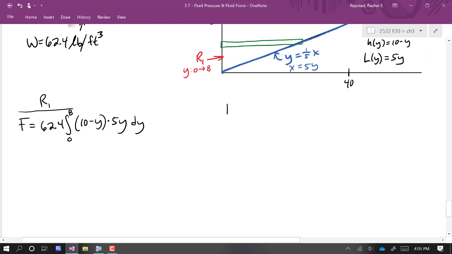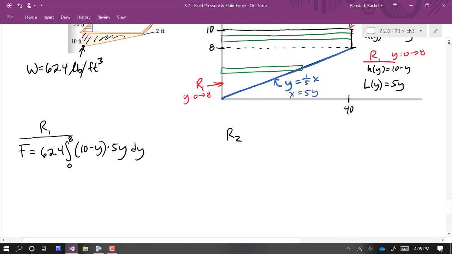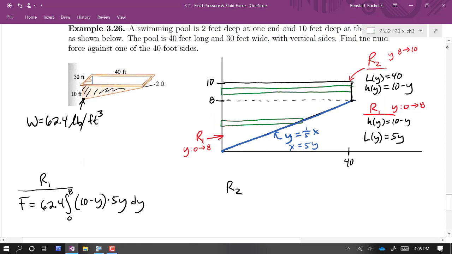And for region 2, this force is 62.4 times the integral from 8 to 10 of h of y, 10 minus y, times 40, L of y is 40 there, dy.